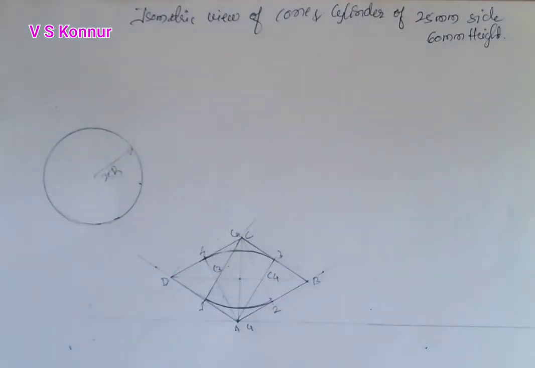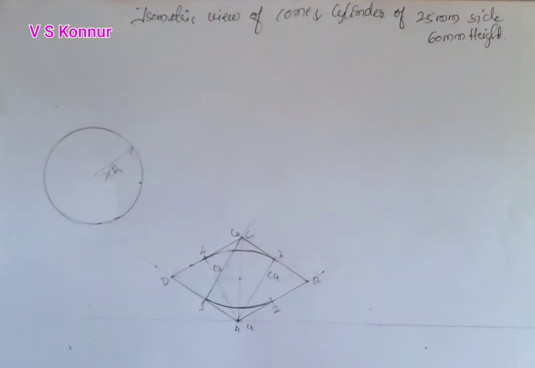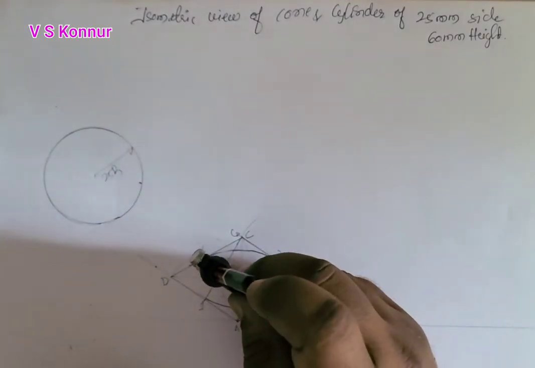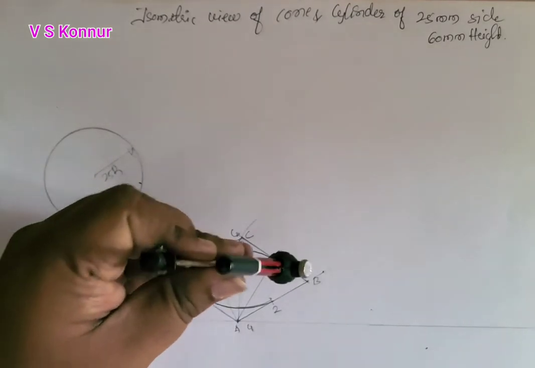Now by keeping at C3 point, we will draw the arc, by keeping at C3 and C4.